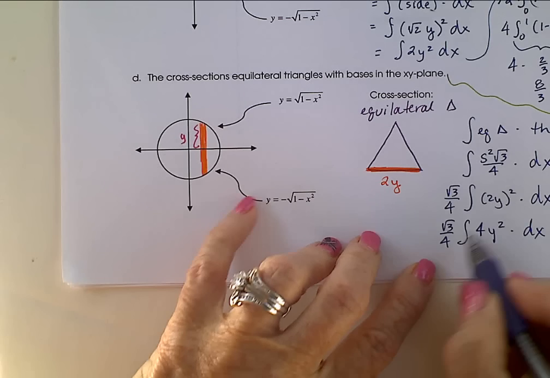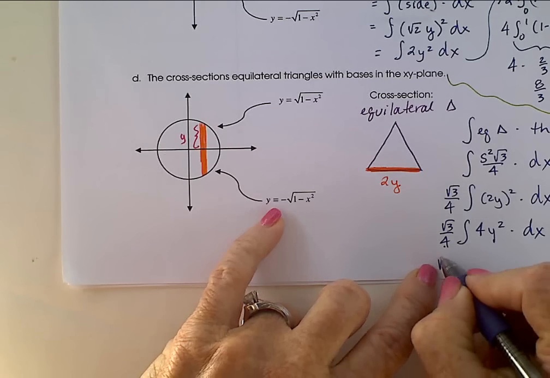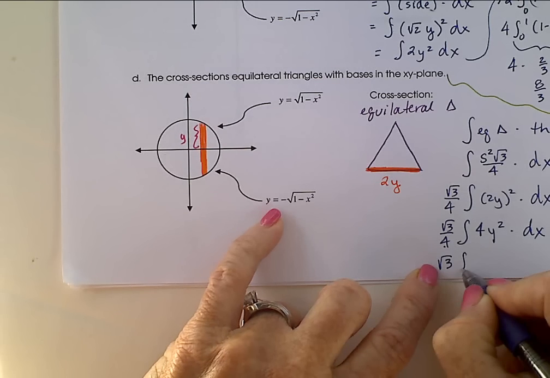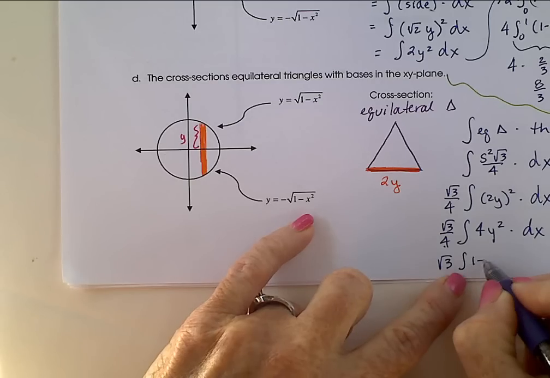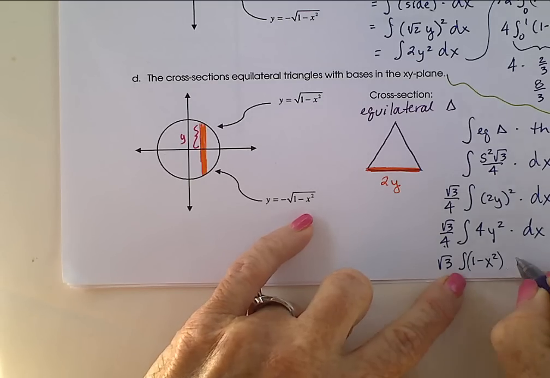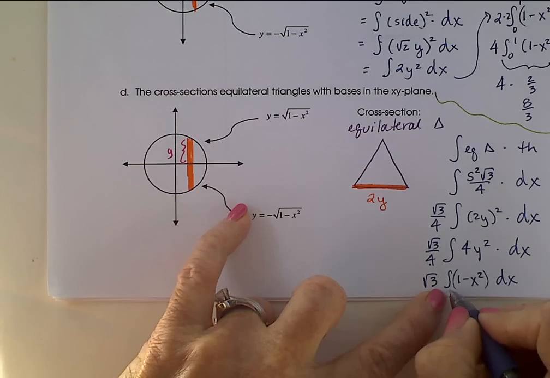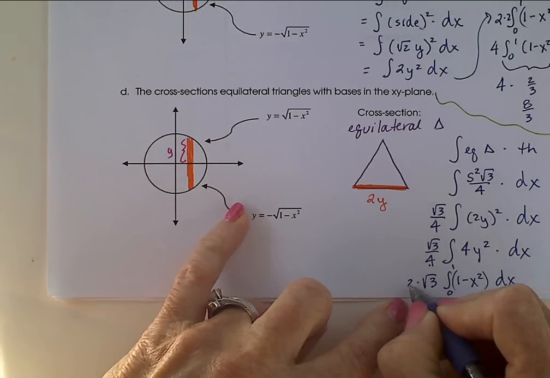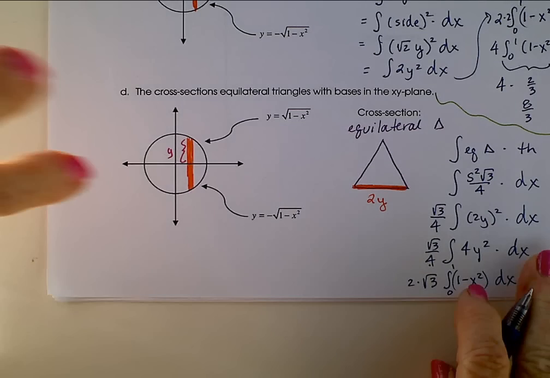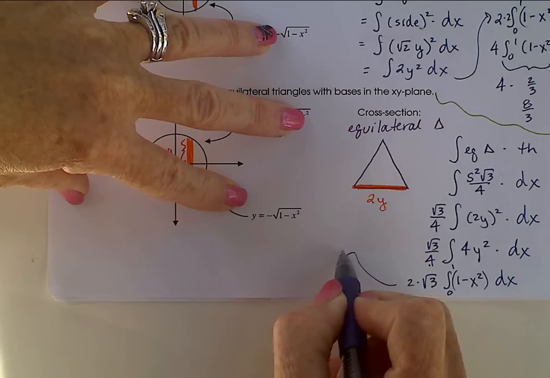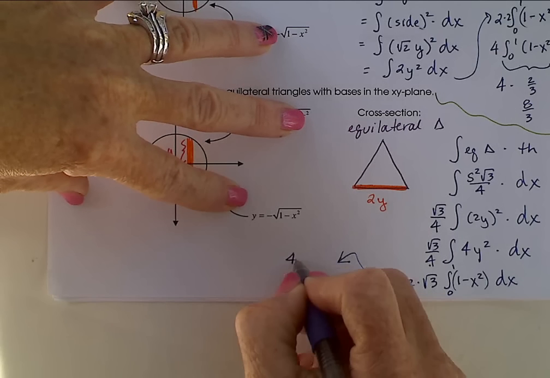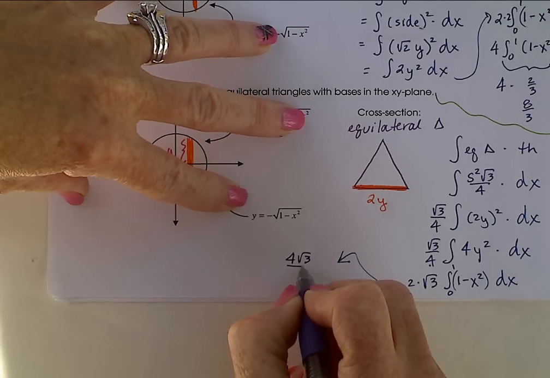Four comes out, takes out this one out here. Square root 3, y squared we already know is 1 minus x squared. And then bounds, let's make this again 0 to 1 and double it, which this is all going to come out to be 4 square root 3 over 3.